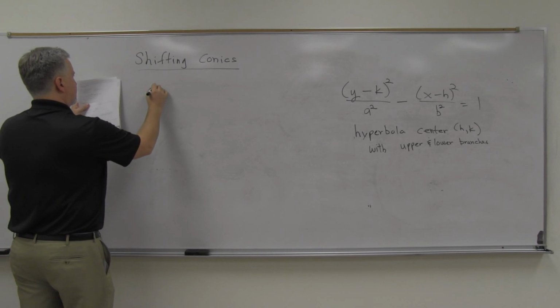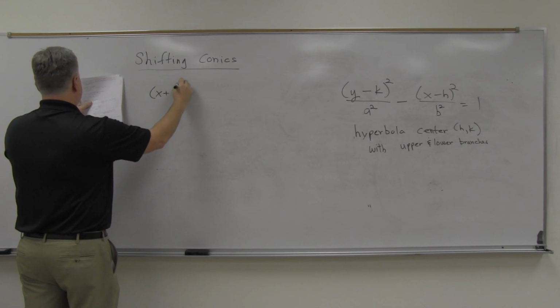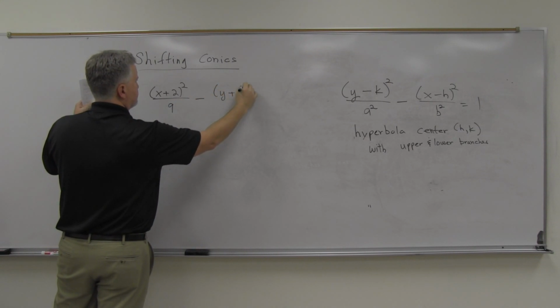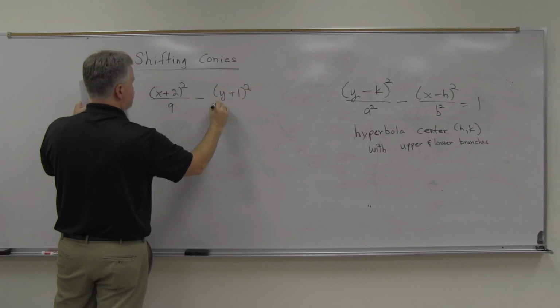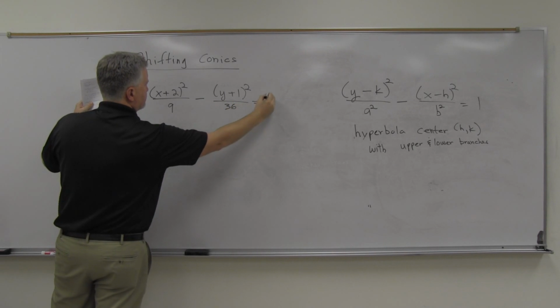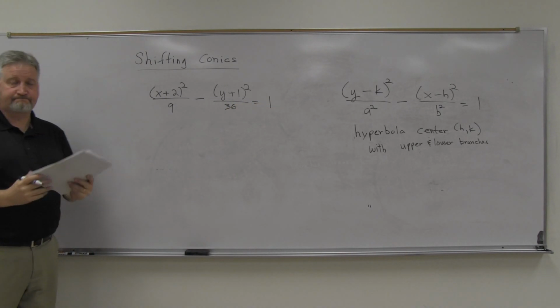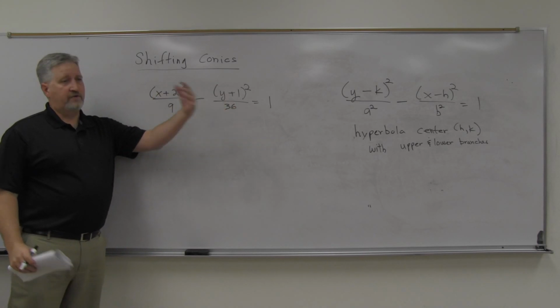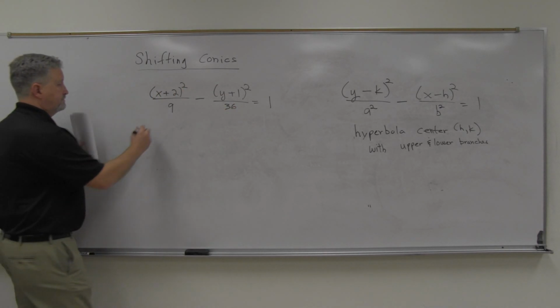All right, so x plus 2 squared over 9 minus y plus 1 squared over 36 equals 1. So yeah, we got the x squared minus y squared thing, so that's a hyperbola.